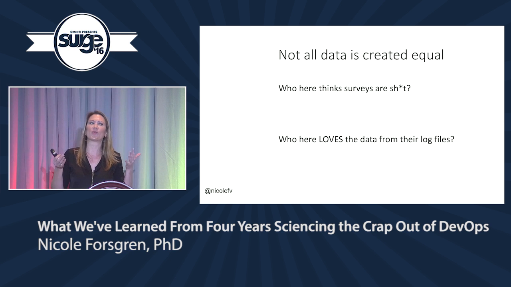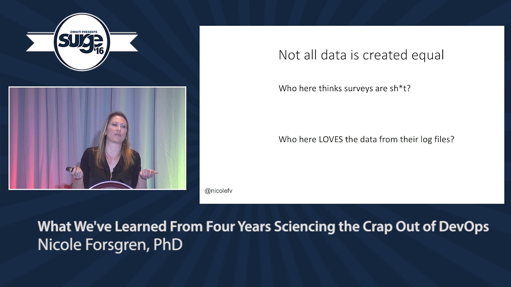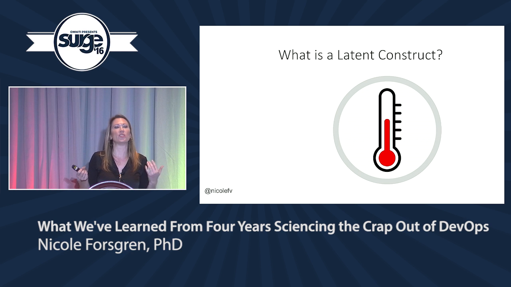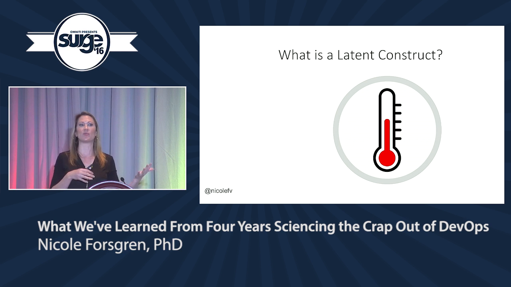Or can we go through a few steps to find ways to have a reasonable expectation that we can trust something? These are some of the things that we do with survey data, and we can do similar things with log data. With survey data, we use what's called a latent construct. Here's what this is.